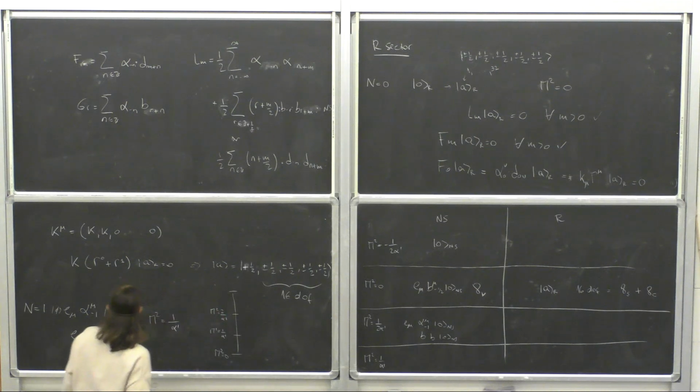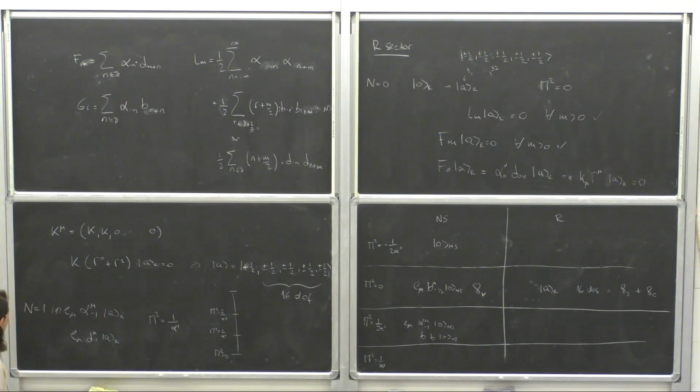And at m squared equals 1 over alpha prime, here we said we have 2 times, so the number of degrees of freedom is 2 times 8 times 16, which is 256.